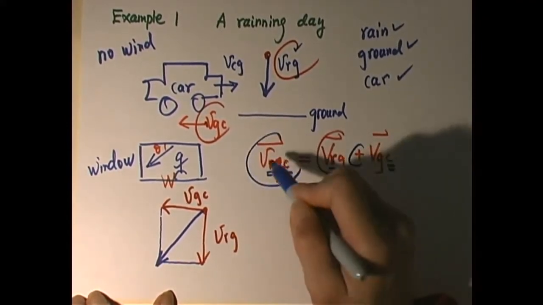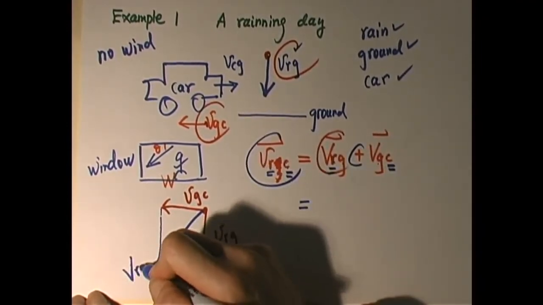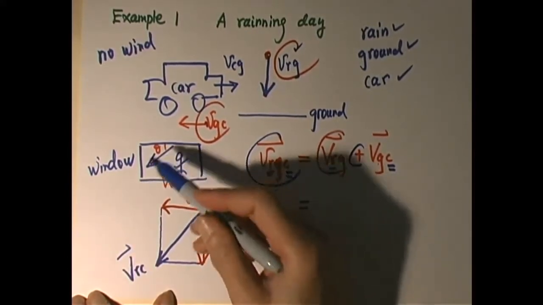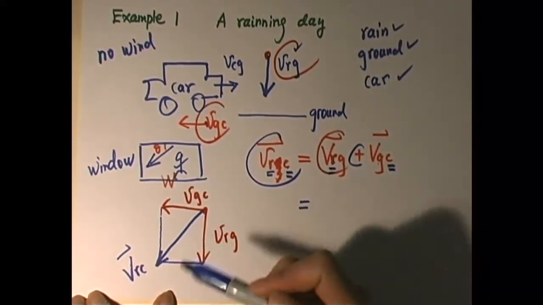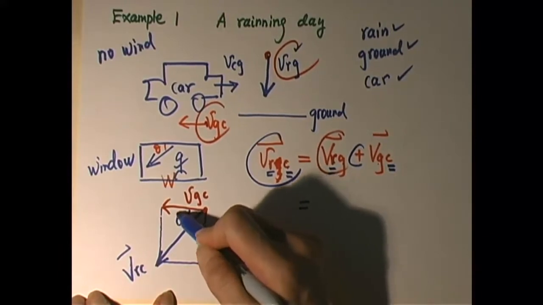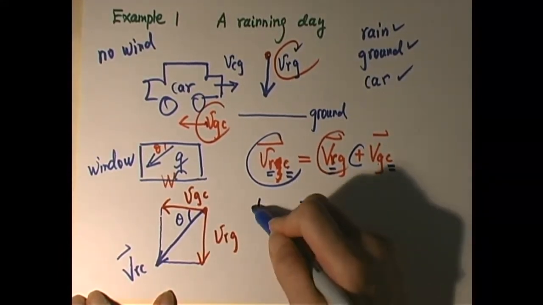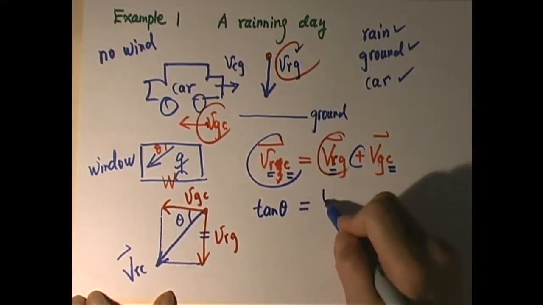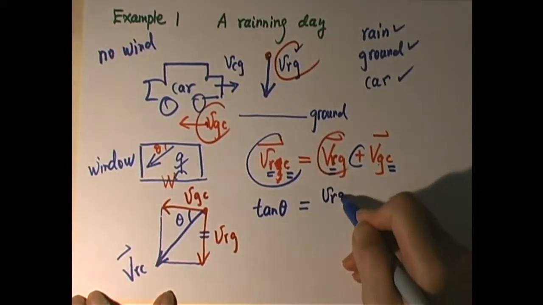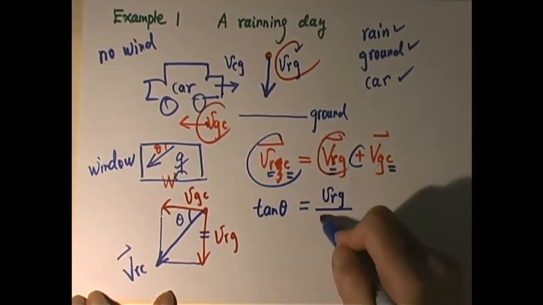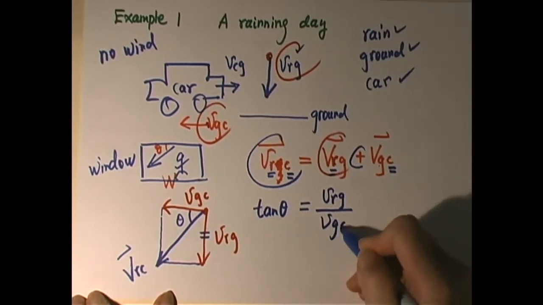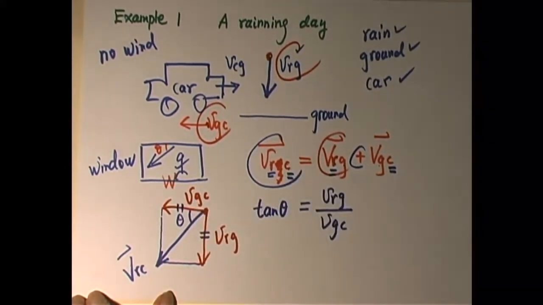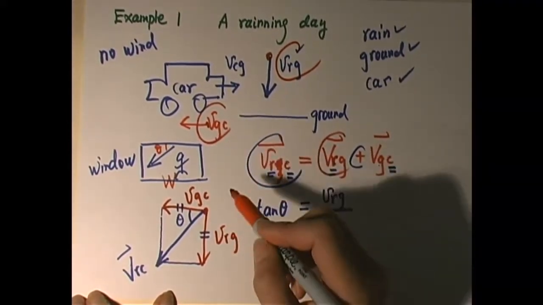The resultant is V rain to the car. That's why when you look through the window, the rain looks like that. For this angle theta, we can do tangent theta. Tangent theta is V rain to the ground divided by V ground to the car. Isn't that true when you travel faster?